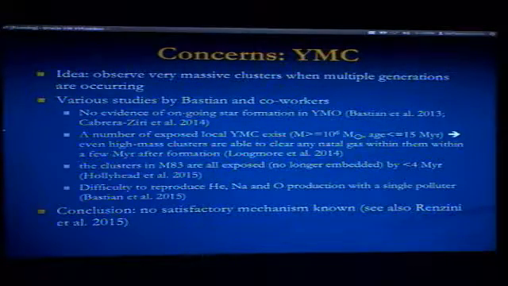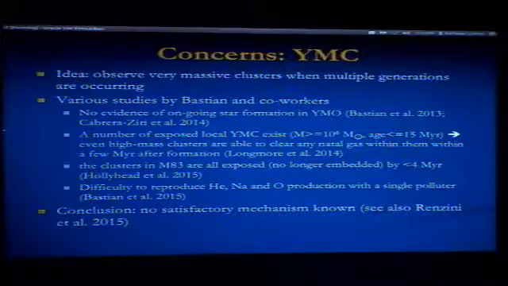There have been a lot of studies, mainly by the group of Nate Bastian and co-workers, trying to search for evidence for multiple populations in young massive clusters. They are not in our galaxy. There is no such big cluster in our galaxy.